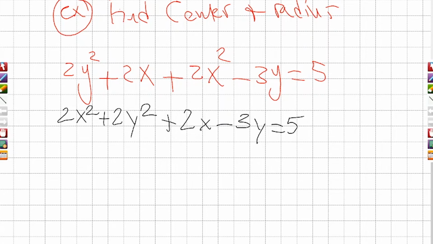Use a different color to divide. Divide by what? 2. Write your answer quickly.